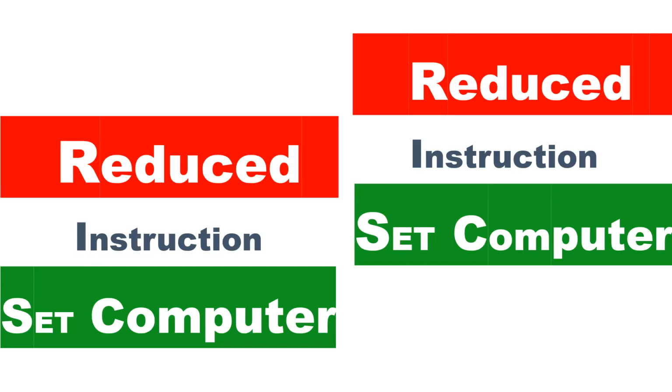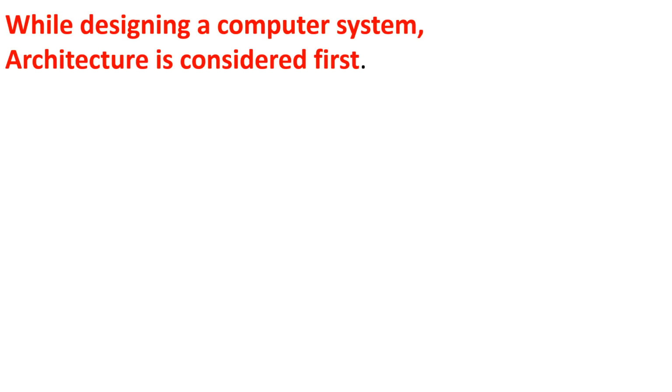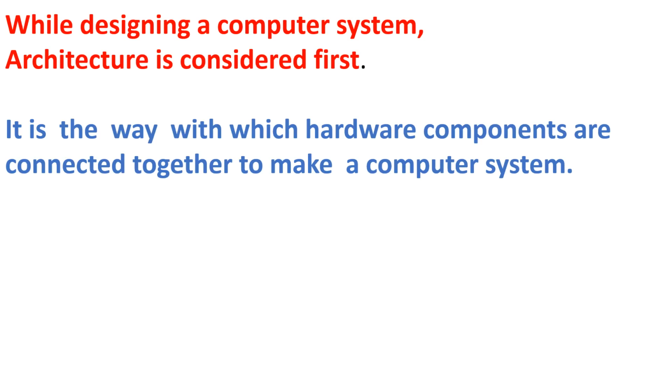In this session, we are going to learn about reduced instruction set computer. The full form of RISC is reduced instruction set computer. So, let's start with RISC architecture. Whenever a computer system is designed, its architecture is always considered first.